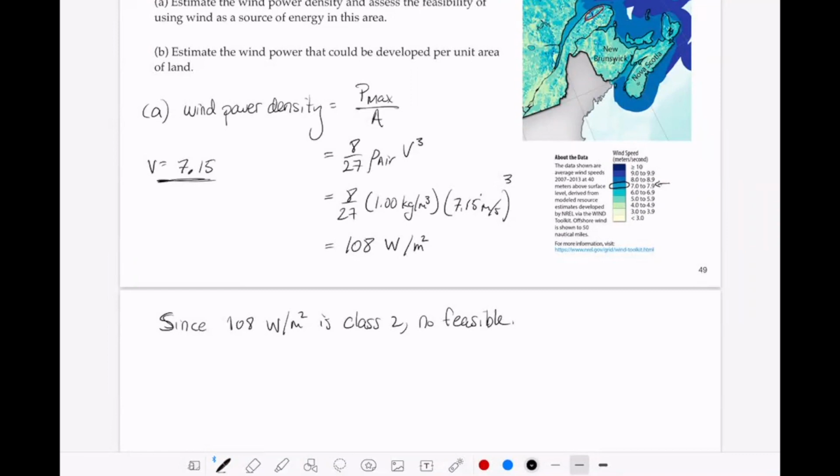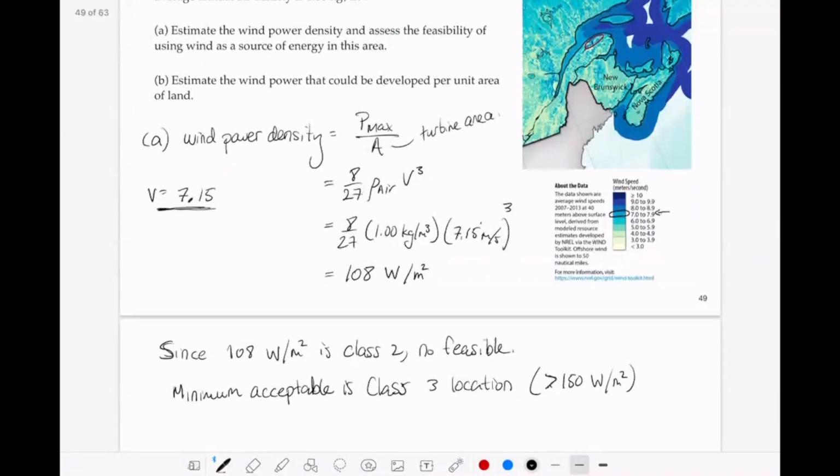And let's make a note here. The minimally accepted location would be a class 3, and that's greater than 150 watts per meter squared of area swept by the turbine. So this, make a note, is turbine area.